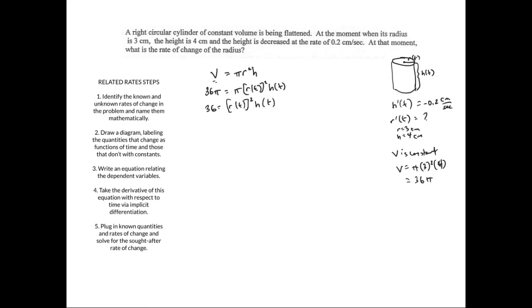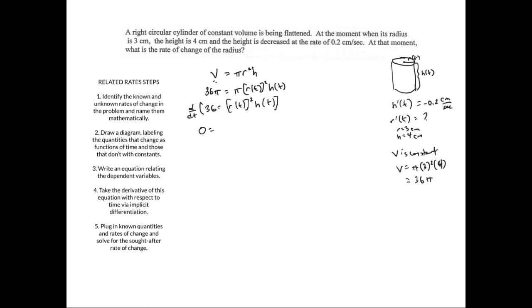Now I'm ready to implicitly differentiate. I could separate the two things by dividing both sides by, say, h of t, or by r of t squared if you wanted to. I'm just going to do it the way it is. I don't mind doing the product rule with the chain rule inside of it. So I'm going to take the derivative of both sides. Derivative of 36 is 0.